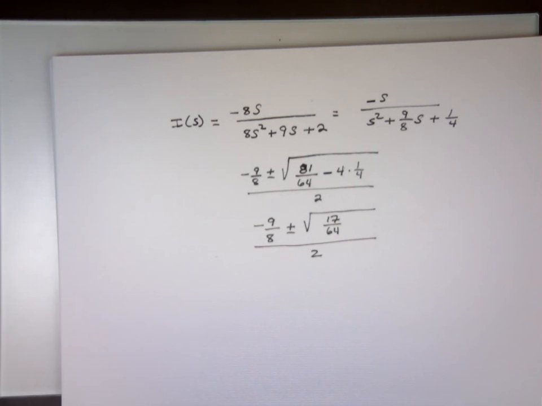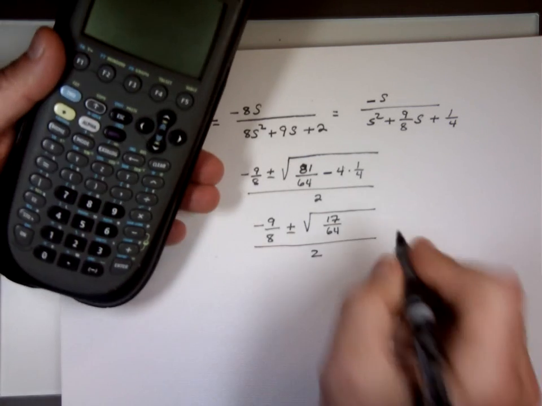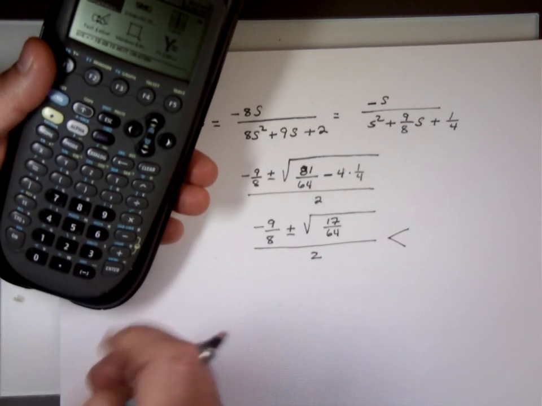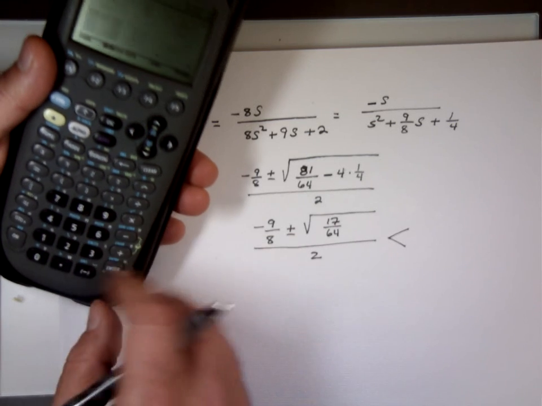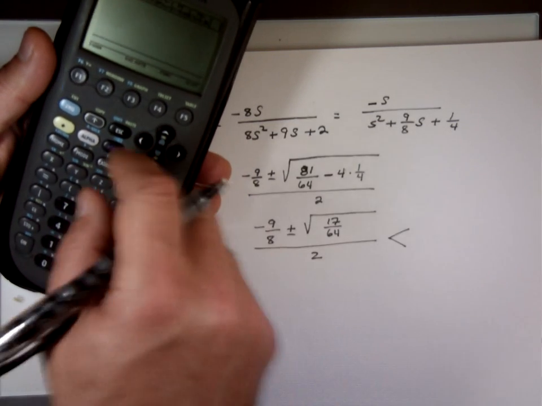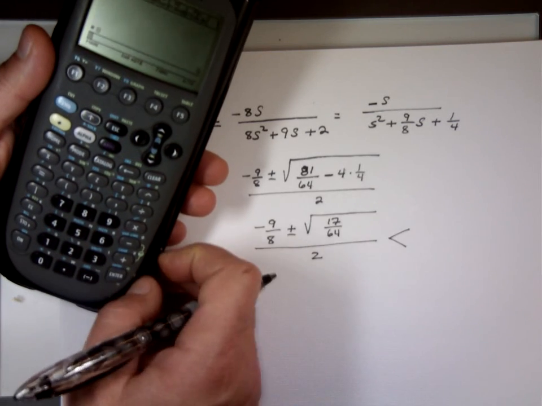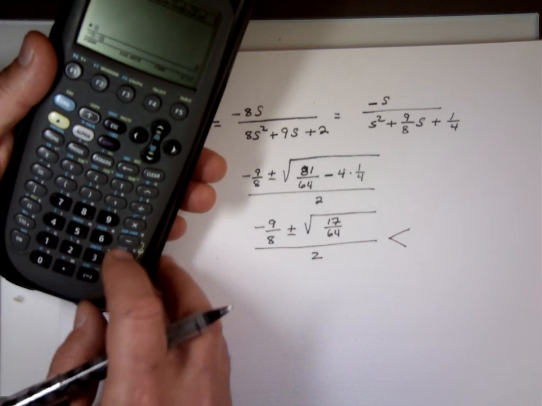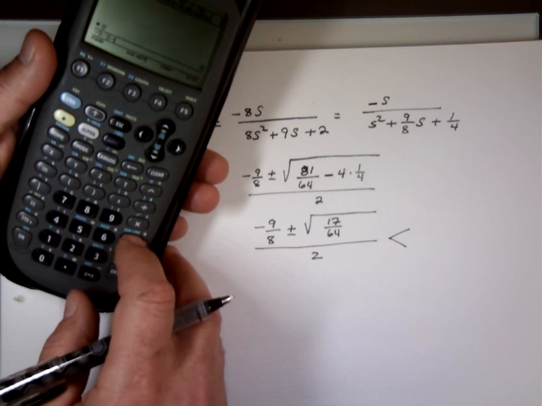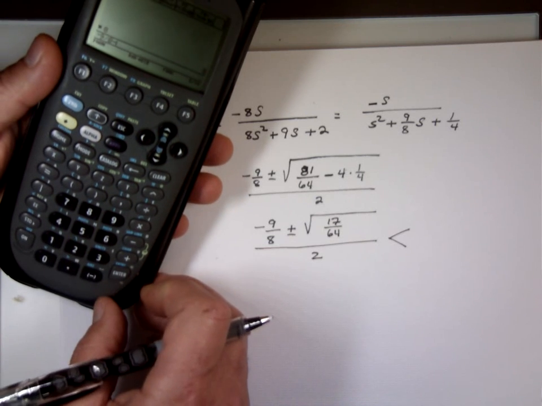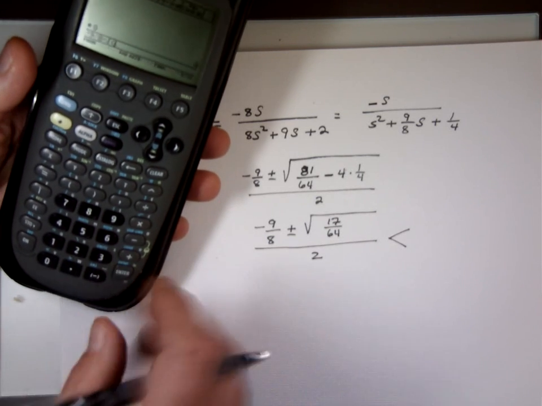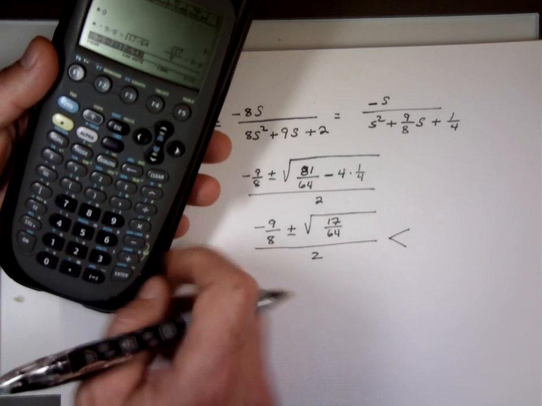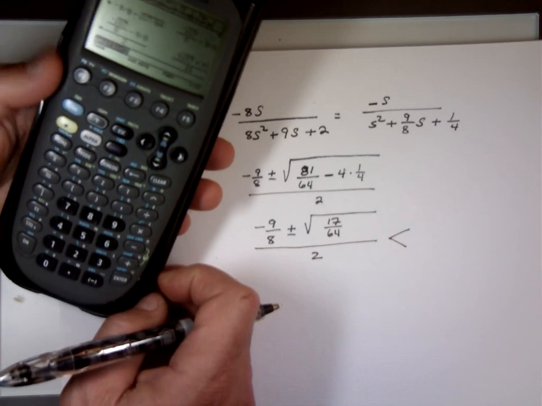So let's have the calculator do it for me. My first solution is going to be what? Negative 9 divided by 8. Oh, wait. My calculator is doing some crazy stuff. Clear. Here we go. Negative 9 divided by 8 minus the square root of 17 divided by 64, divided by 2, and give me the decimal value.